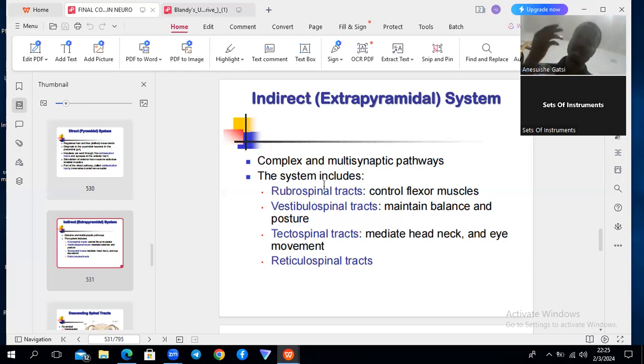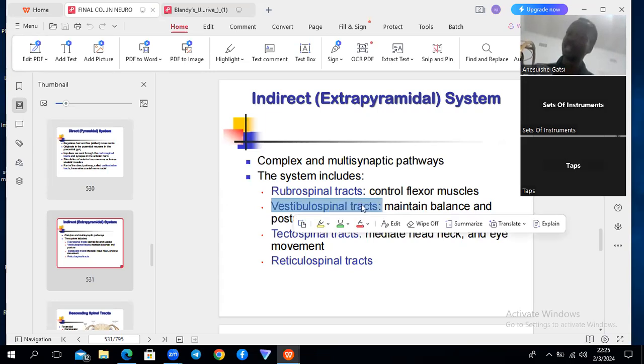Then the superior vestibular nucleus is in the pons. From the lateral vestibular nucleus, we get the lateral vestibulospinal tract. If you see other books, they'll call it Deiters' nucleus. It's just the same.